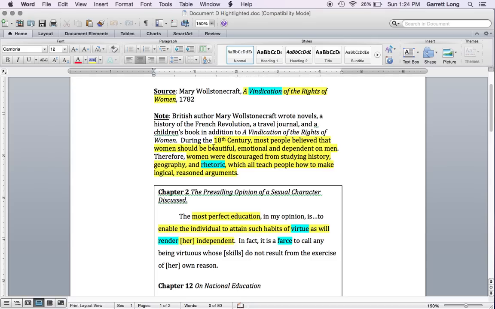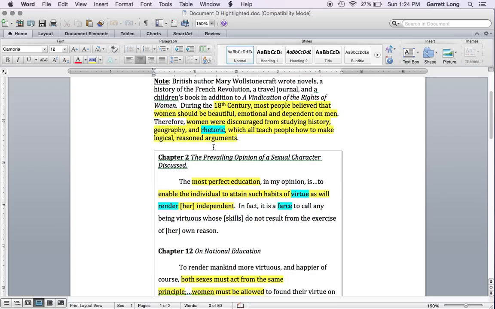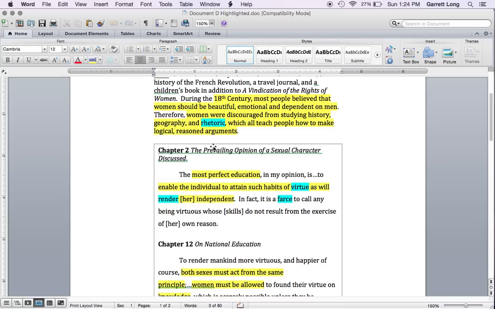In other words, can argue well. Our next vocab word, virtue. Virtue is goodness or moral excellence.